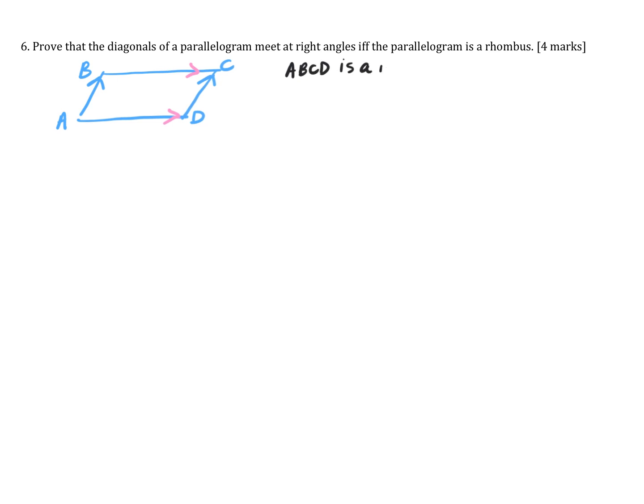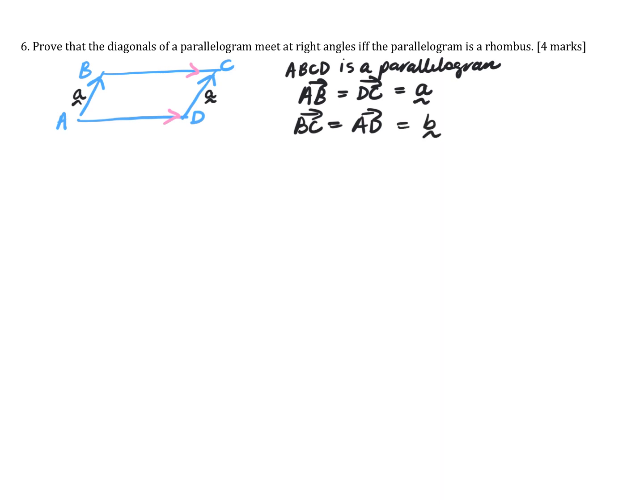ABCD is a parallelogram and vector AB is equal to vector DC, and I'm going to call that little vector there A. And vector BC is equal to vector AD, and we'll call that one B. So we've got to start by defining what our parallelogram is.